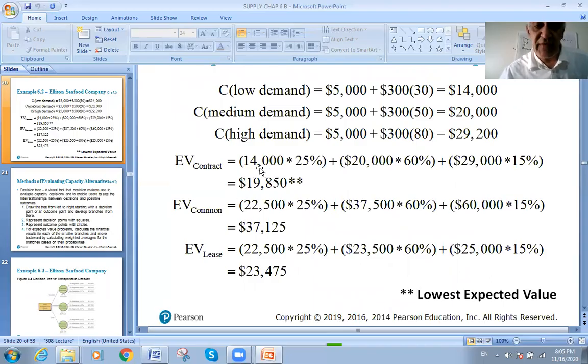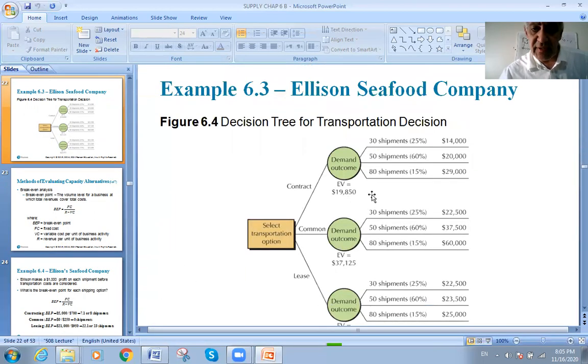The contract: 14,000 times 25%, plus 20,000 times 60%, plus 29,000 times 15%.